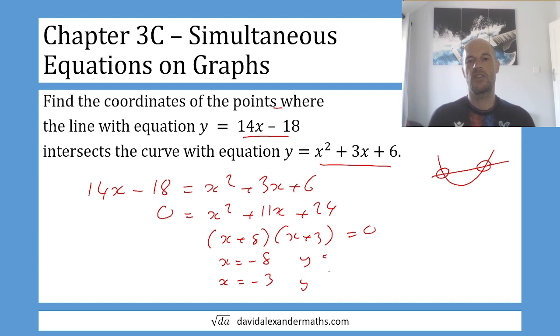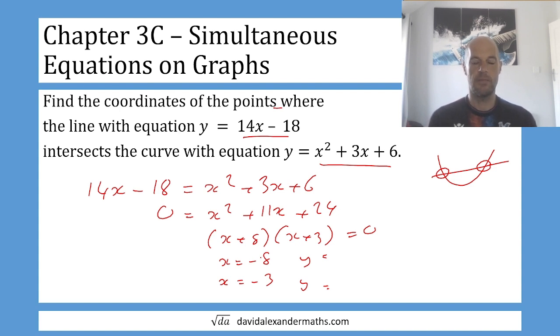And what are the y solutions? Well, let's go back to either of these equations. Let's do the top one. So the y solutions are 14 multiplied by the x solutions, take away 18. So it's going to be 14 times negative 8 minus 18. Sorry, I've messed that up completely.